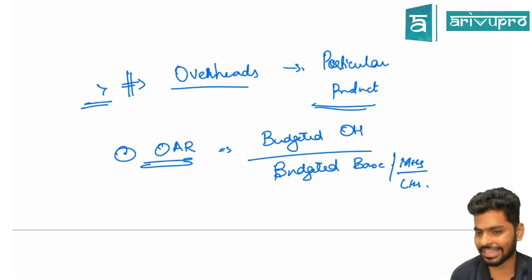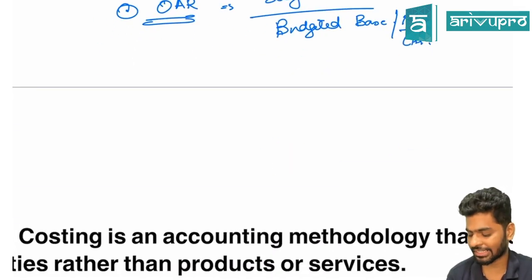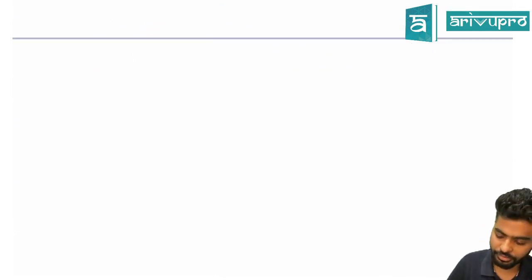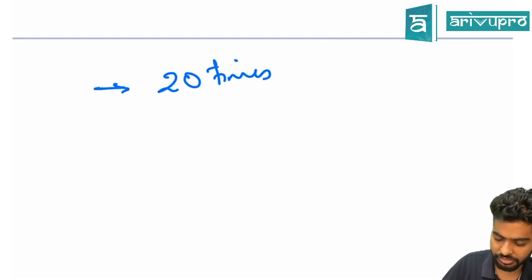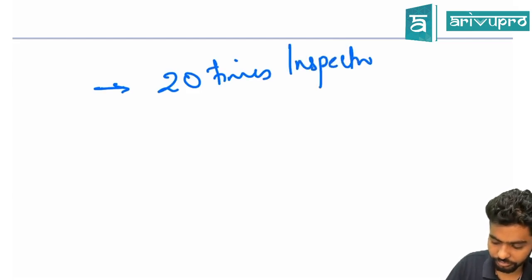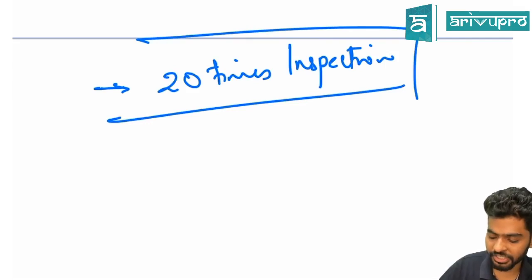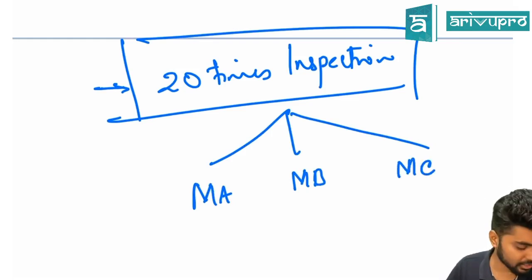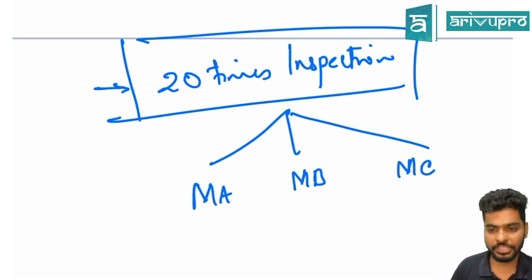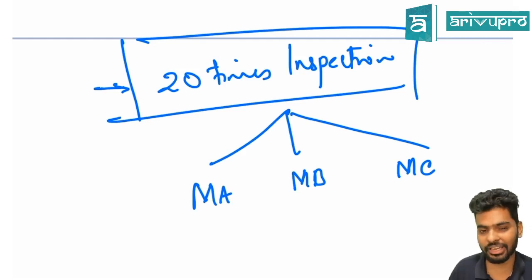Now, what they say is, let's say for an example, in a year I have done 20 times inspection on, let's say, machine A, machine B, and machine C. The total number of inspections I've done is 20.